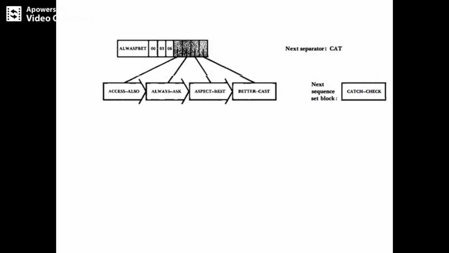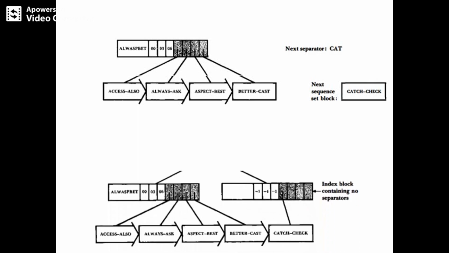But how can I create a separate block for this? Let us see. Say I have added this to the previous sequence set. Now if you consider this, I cannot write CAT over here.